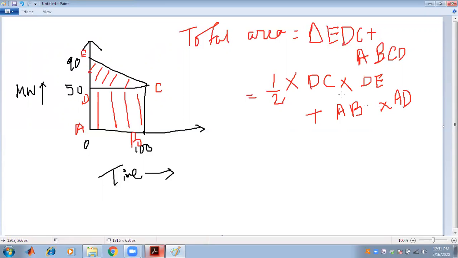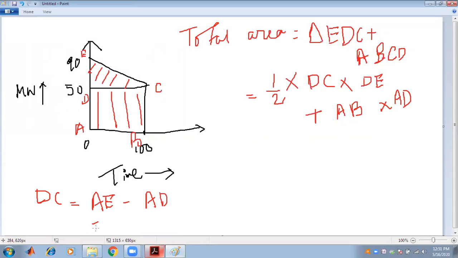So let's take what is the DE value. DE is nothing but AE minus AD.